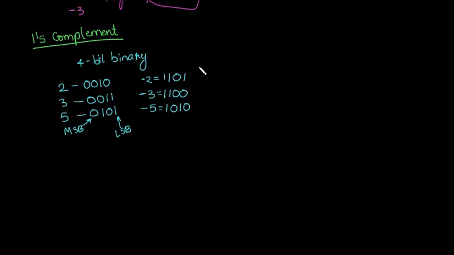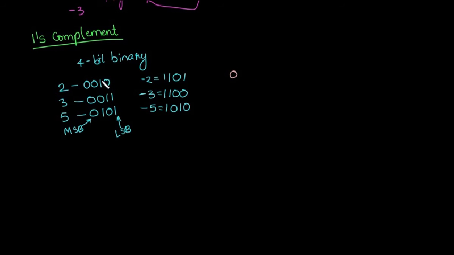Now let us see what is the range of values a 1's complement number can represent. Let us consider this 4-bit binary number. What is the maximum value of a positive number represented by 1's complement? The MSB, that is the starting bit, must be 0 always for positive numbers.